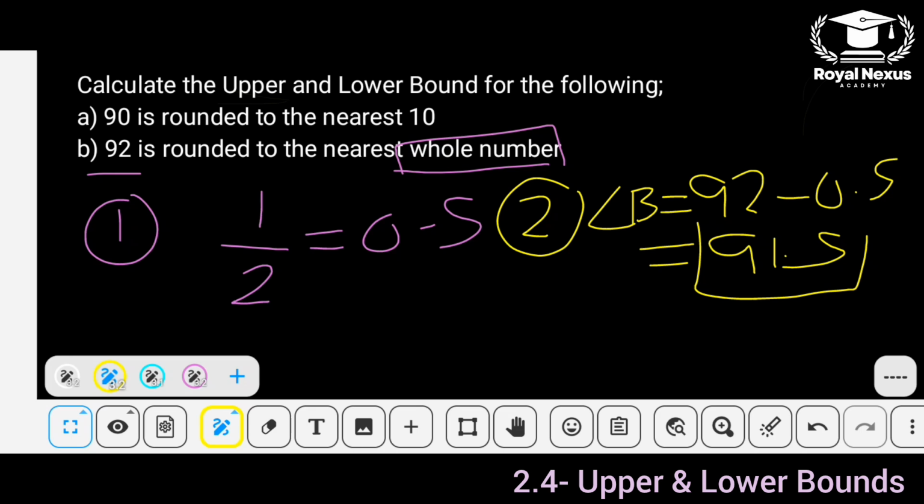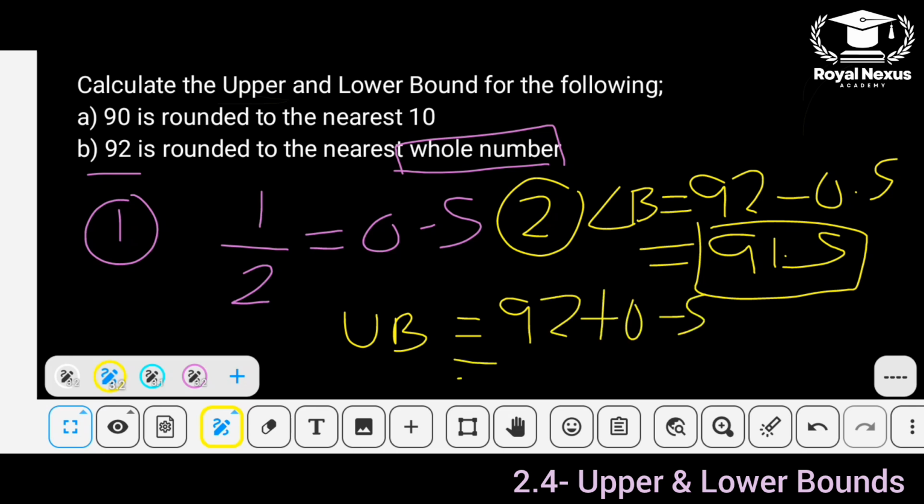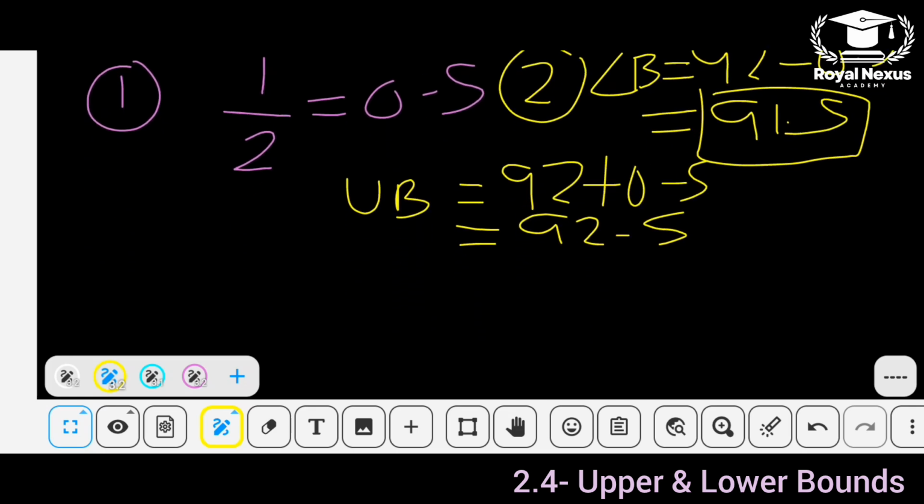And for upper bound, you just need to add this 0.5 to 92. So it will be 92 plus 0.5, that is equal to 92.5. But since 92.5 cannot be your answer, because if you round this 92.5 to the nearest whole number, you will get 93 and not 92.